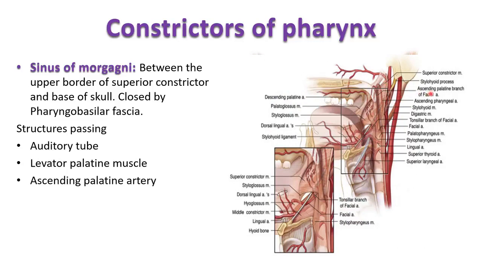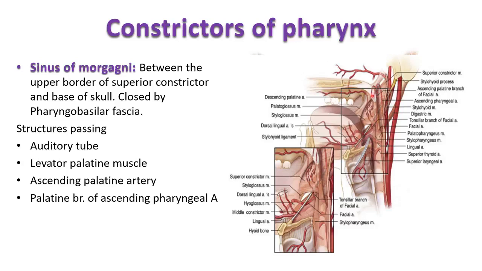One is the ascending palatine branch of the facial artery, which is considered the ascending palatine artery. That should be your facial artery. The other one is the palatine branch of the ascending pharyngeal artery.